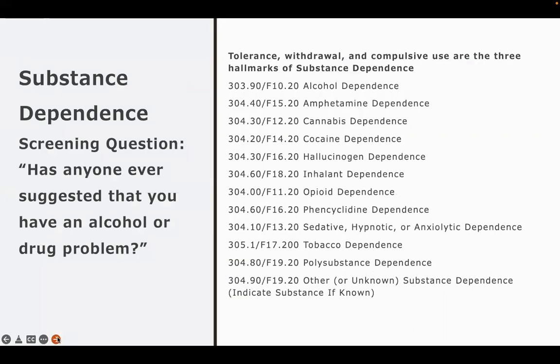So Dr. Frances, as you read, does not love the collapsing of substance dependence and substance abuse into just substance use. And I think he makes really valid points regarding the categorical difference.